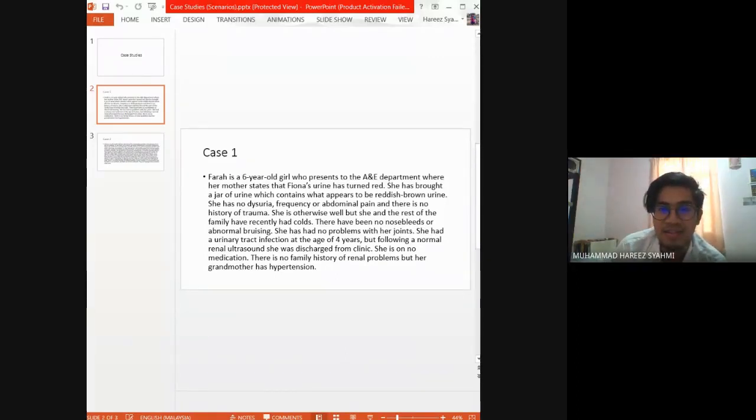Farah is a 6-year-old girl who presents to the A&E department where her mother states that Farah's urine has turned red. She has brought a jar of urine which appears to be reddish brown. She has no dysuria, frequency, or abdominal pain, and there is no history of trauma. She is otherwise well, but she and the rest of the family had recently had colds.